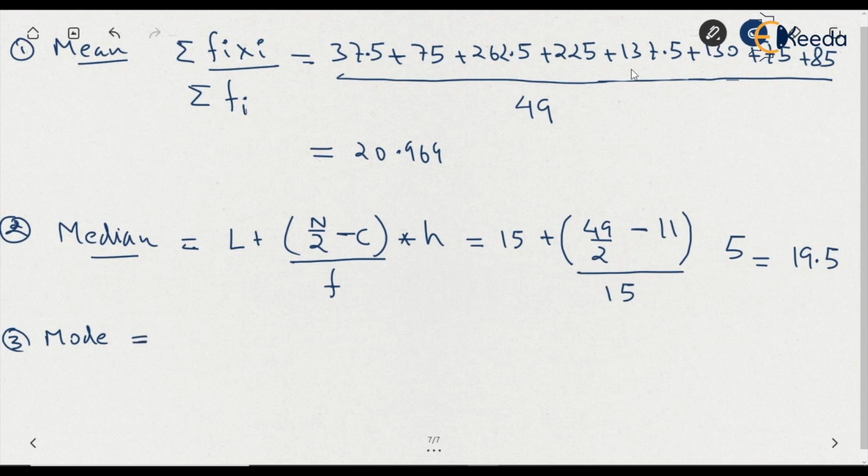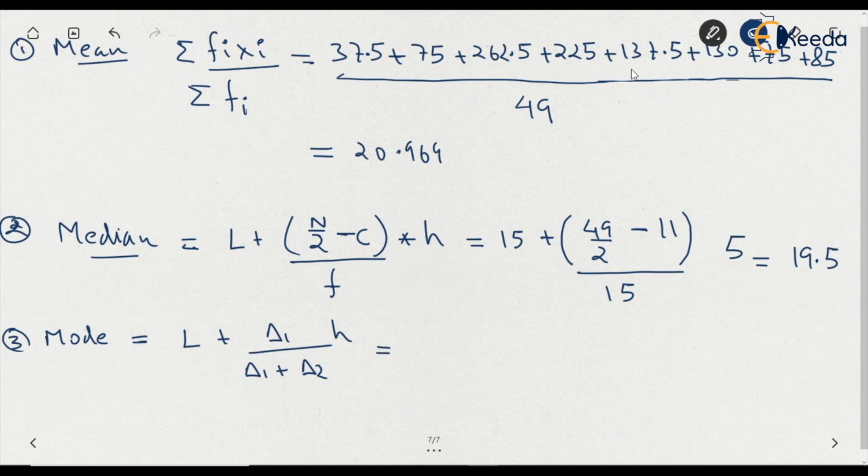The value for mode is L plus del 1 by del 1 plus del 2 times h. Now, what is the modal class? Modal class is also same, that is 15 to 20 only, of which the lower limit of the class containing the mode is 15 again.